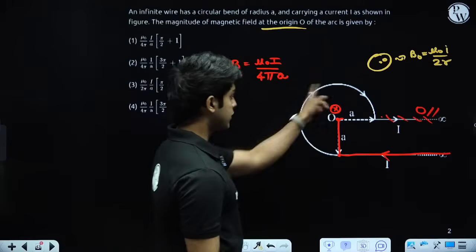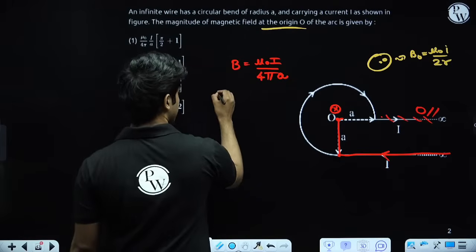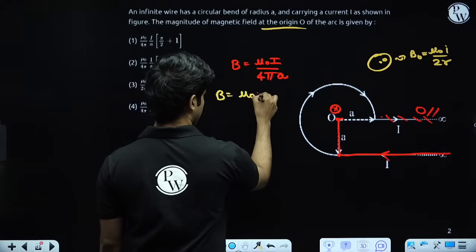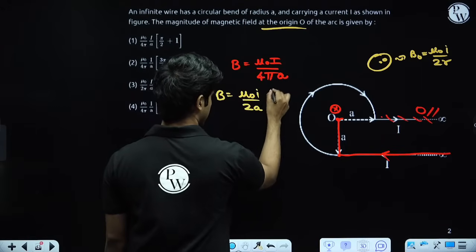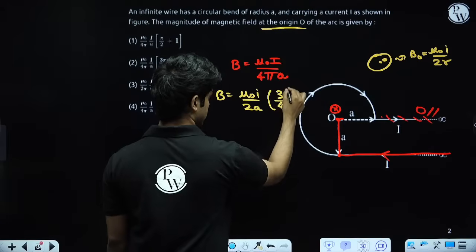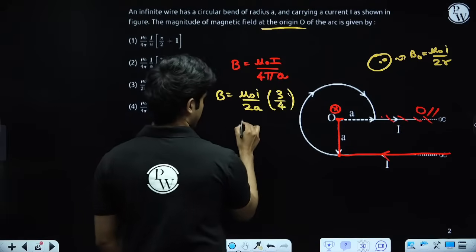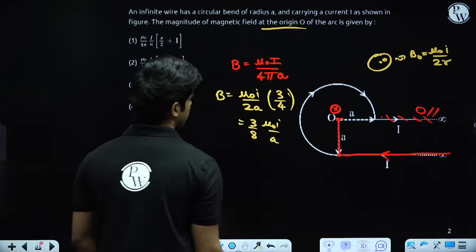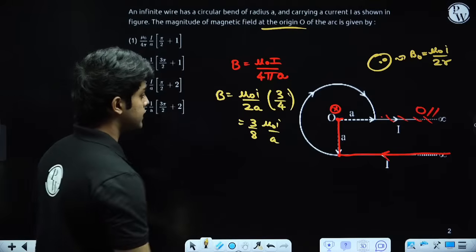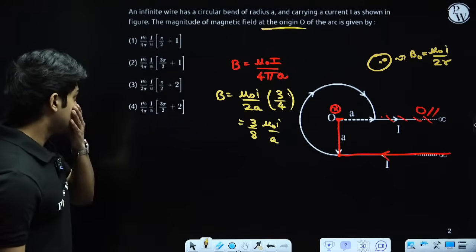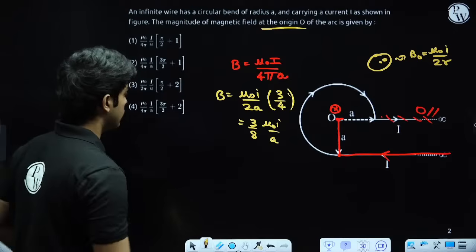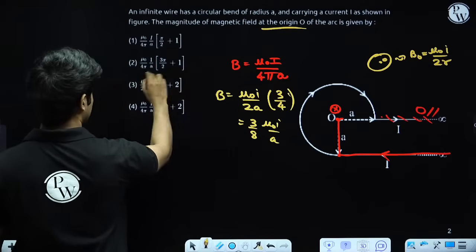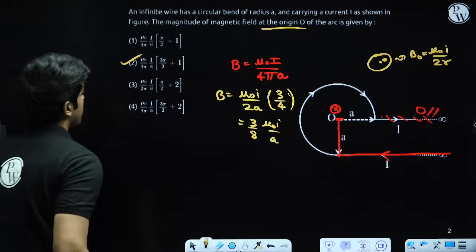So due to 3/4 of the circle, it will be mu naught I by 2a times 3/4, so this will be 3/8 mu naught I by a. Now it's just a sum of these two because their directions are parallel. So we have 3/8 and on the other term a 4. So yeah, second option.